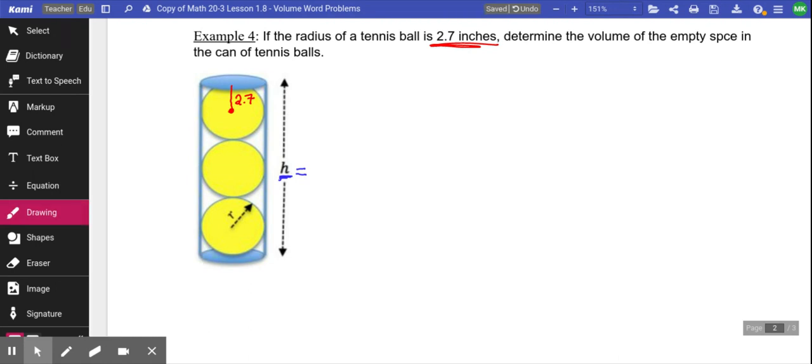So 2.7 plus another 2.7 plus another 2.7 plus another 2.7. The radius of the cylinder would be the same as the radius of the ball, but the height's going to be that tricky part. So it's all the radiuses together.